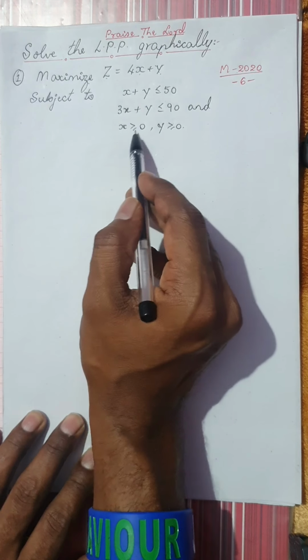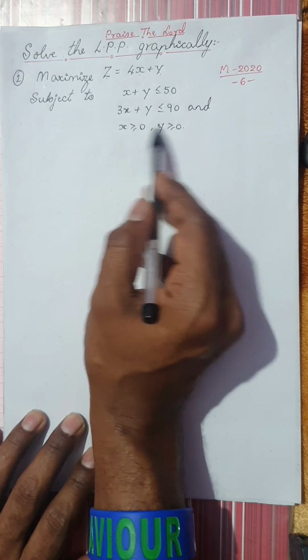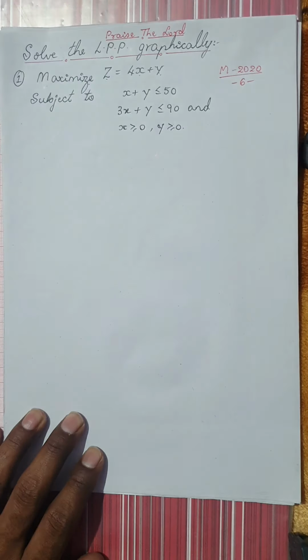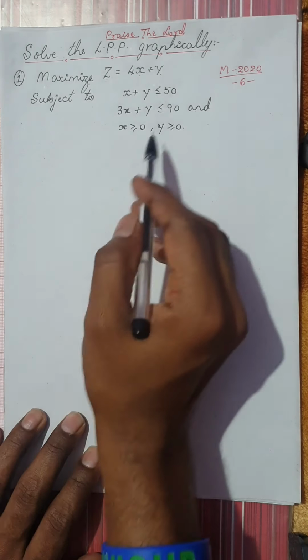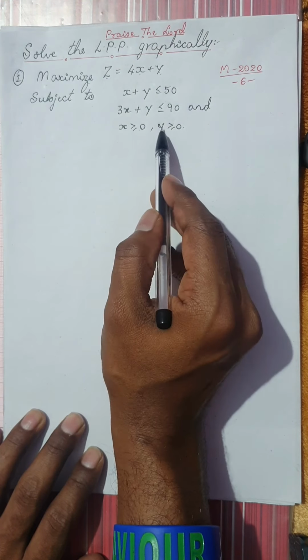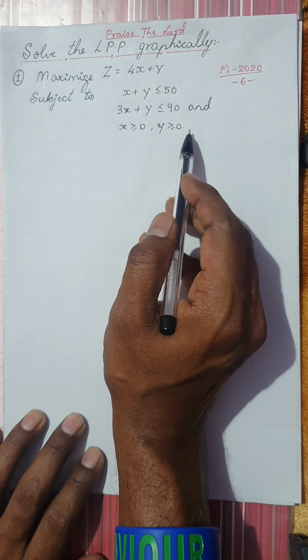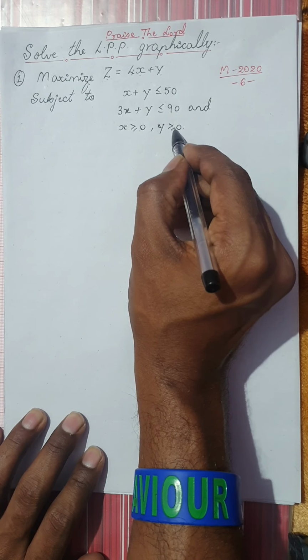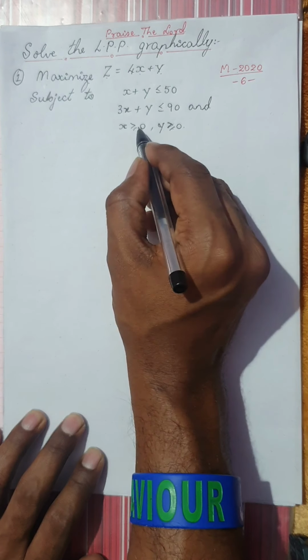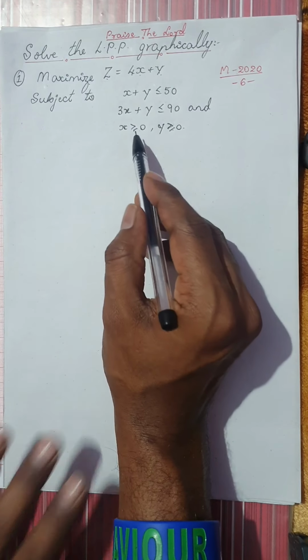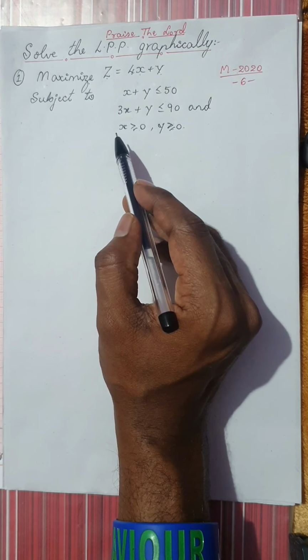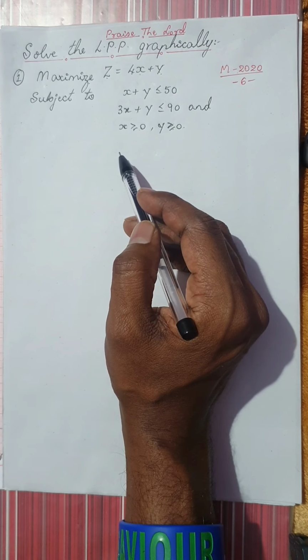And when we say x greater than 0 and y greater than 0, these two will be notified as the non-negative constraints. We've already seen this in the definition. The significance of this non-negativity constraints is nothing but your feasible region would definitely be in the first quadrant.